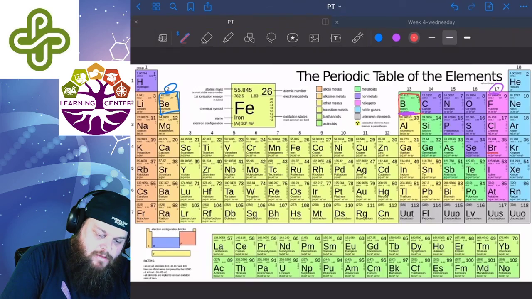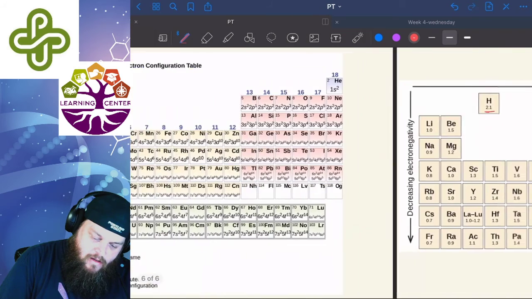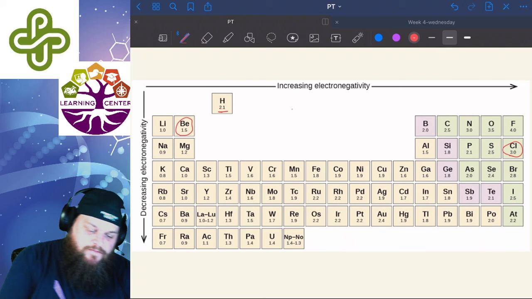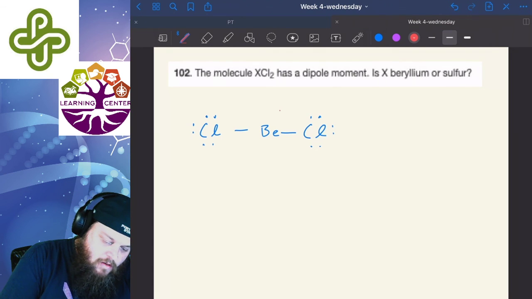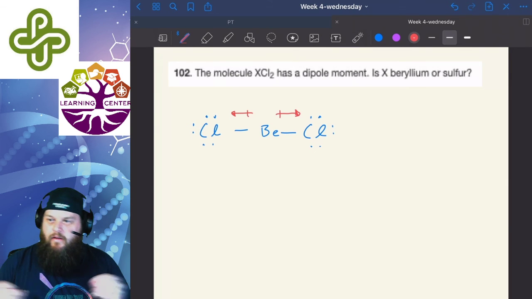Chloride is much more electronegative. It's really close to fluoride. It's got 3, where beryllium has 1.5. So our dipole is going to be pulling away on both of these. And it's going to be pulling away in an equal and opposite manner because it's going to be a linear molecule.